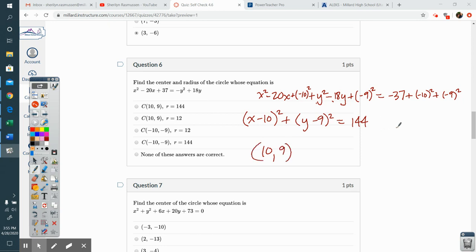And the square root of 144 is my r. So r equals 12. So you can see that there are these different answers here. The center is at 10 and 9, and the radius is 12.